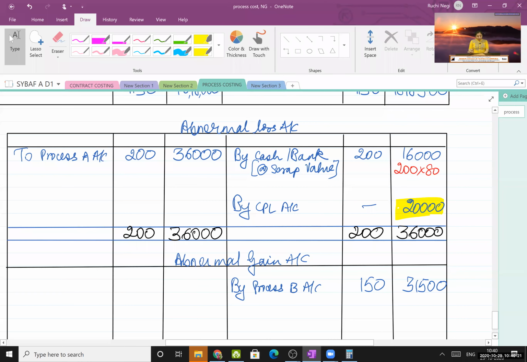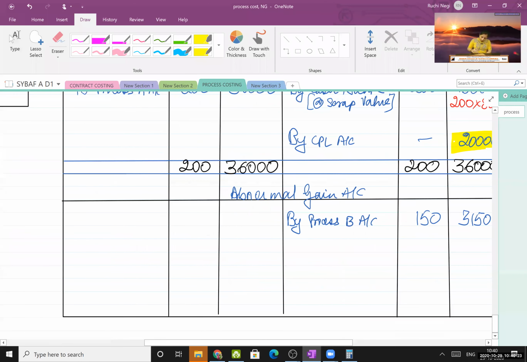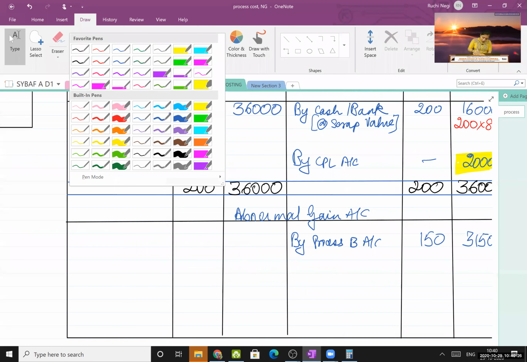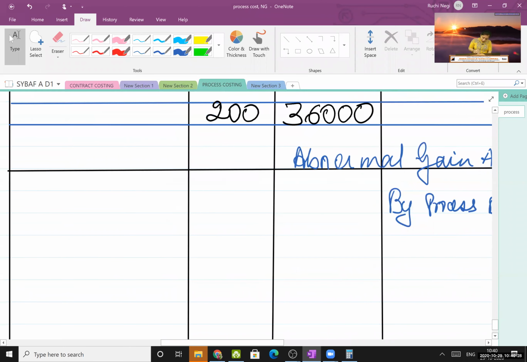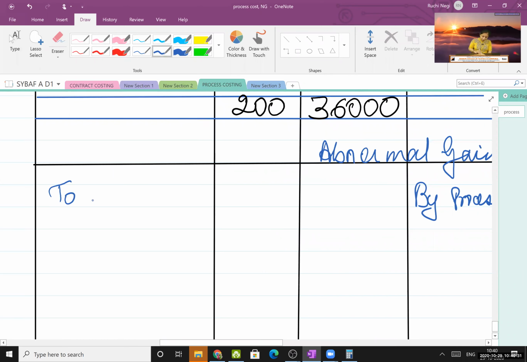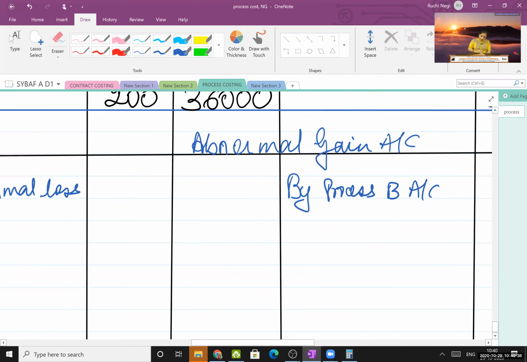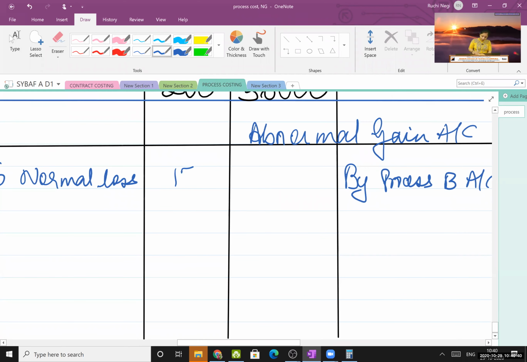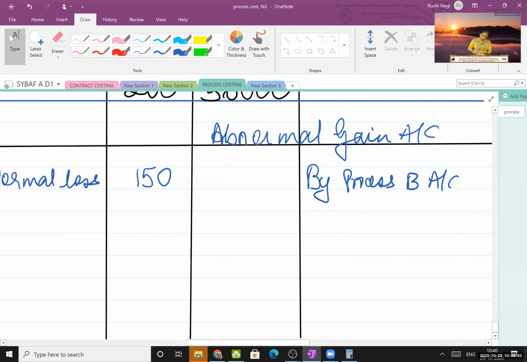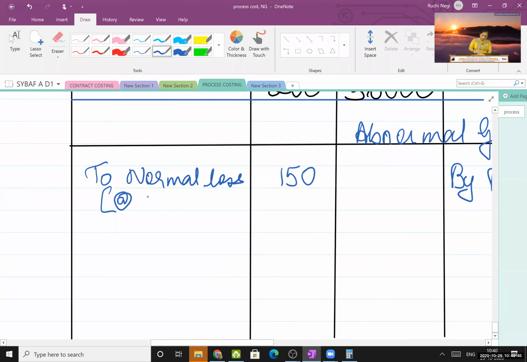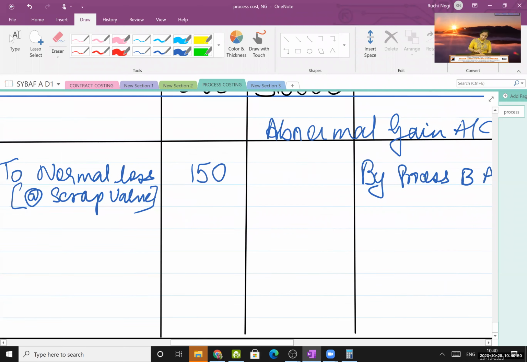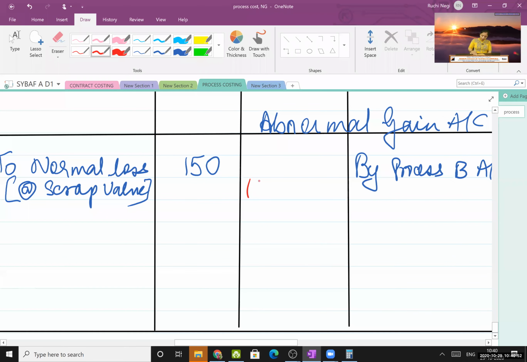Now come to abnormal gain account. Okay, now this is set off against normal loss account. I said it's an imaginary entry, it is set off against normal loss account. Okay, yeah. कितना है? 150. Okay, same assumption, normal loss at scrap. So 180, I mean 150 multiplied with scrap is 80.